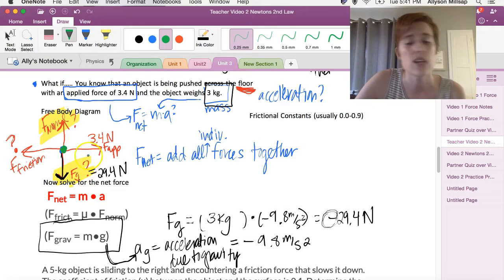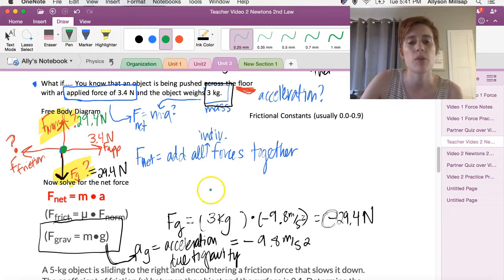So the gravitational force and the normal force will always be the same value. They're just going to be different directions. Gravity is going to pull this object down 29.4 newtons, but the floor that the object's resting on is going to push it up 29.4 newtons in the other direction.